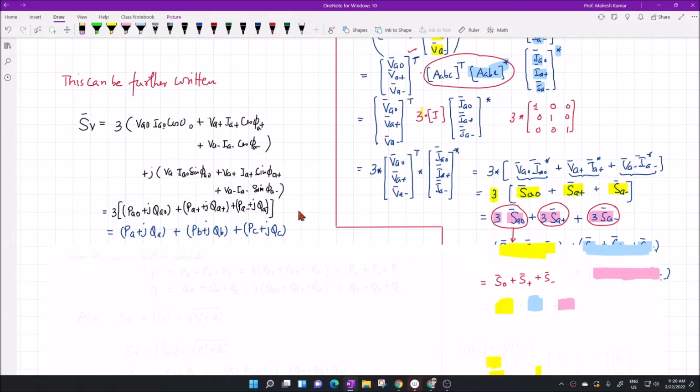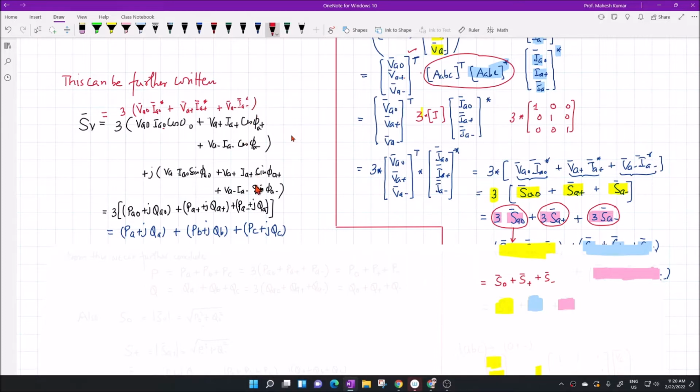For example, as I said, S is nothing but 3 times of VA0 IA0 complex conjugate plus VA plus IA plus conjugate and VA minus IA minus conjugate.